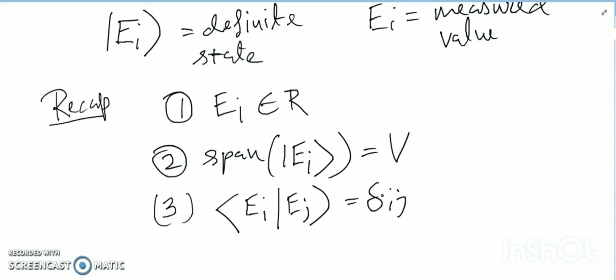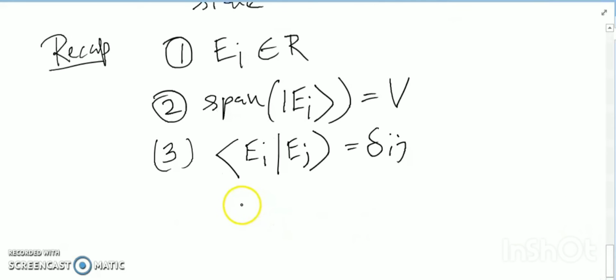First, let's consider our observable acting on an arbitrary quantum state psi.